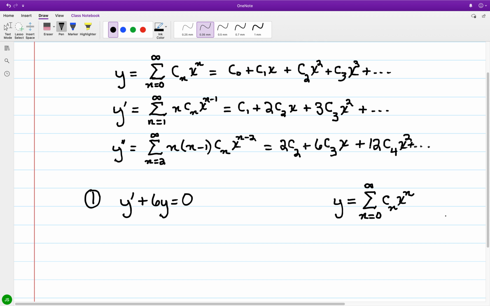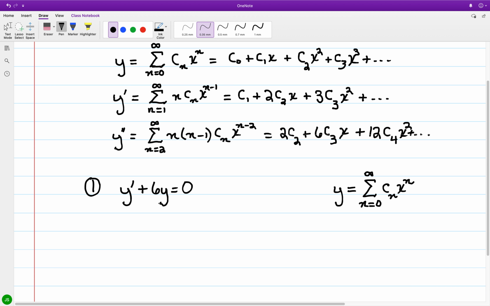Now, in your series and summation worksheet, for the first problem we have y prime plus 6y equals 0. If we fill in y prime, we have c1 plus 2c2x plus 3c3x squared, and so on.